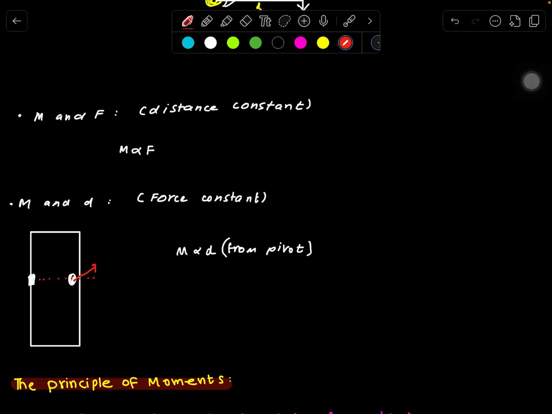You would notice that the force that you're applying inwards is perpendicular to the pivot. So that's one thing. The second thing is that the doorknob being very far from the hinge or the pivot causes a higher rotation. So we establish a concept that for the same force, rotation is proportional to distance. The more distance there is between the pivot and the force that you're applying, the more rotation you'll get, or the higher the moment. All good?